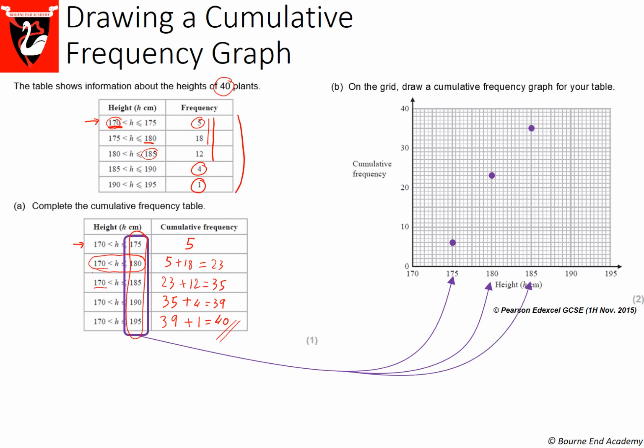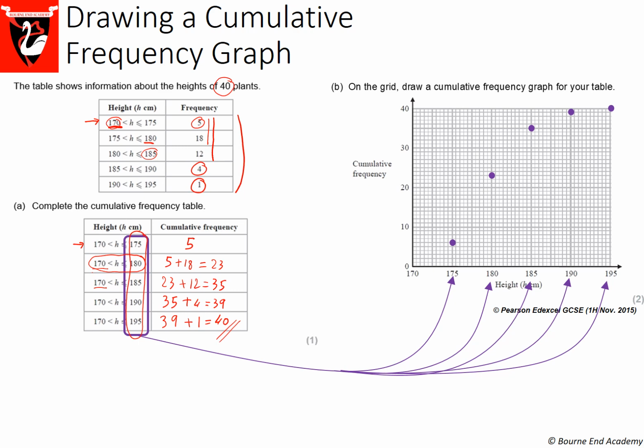Your second point needs to be plotted at 180, and you place it at 23, and then 185, and you place it at 35. 190, you get a cumulative frequency of 39, and then finally 195, you put 40. But it's important to plot your points quite precisely.